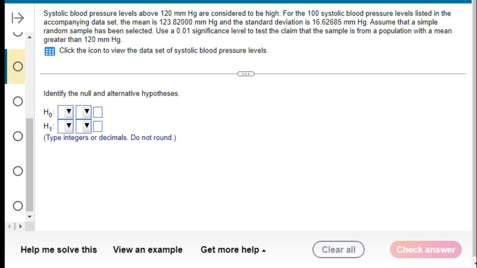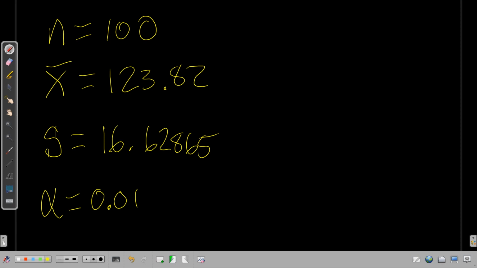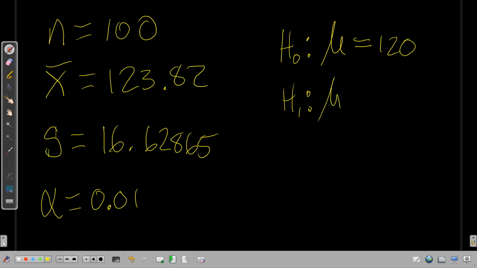To test the claim that the sample is from a population with a mean greater than 120. This tells me that my initial hypothesis is always a statement about equality, so mu equal to 120, and then the alternate is that mu is greater than 120.